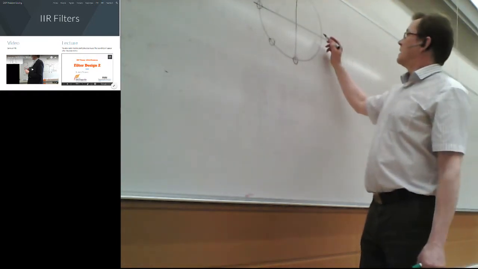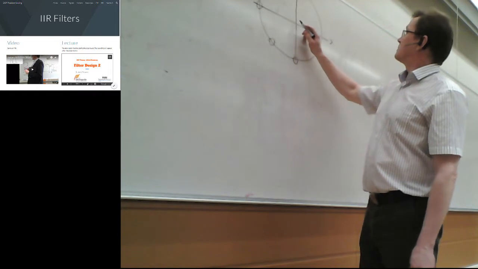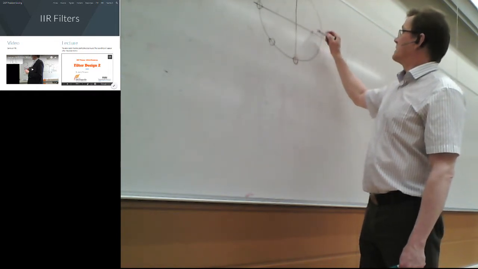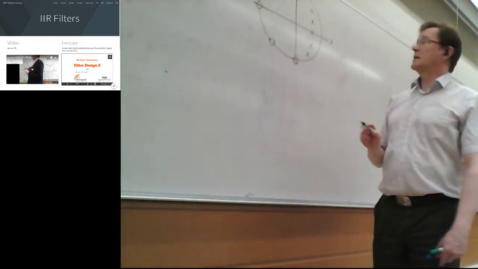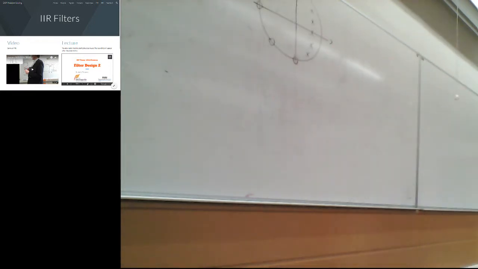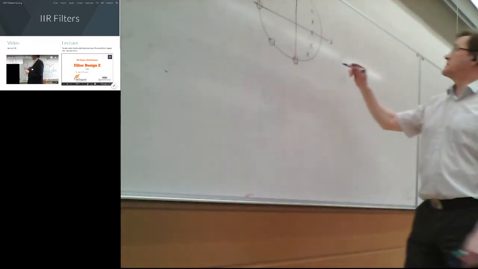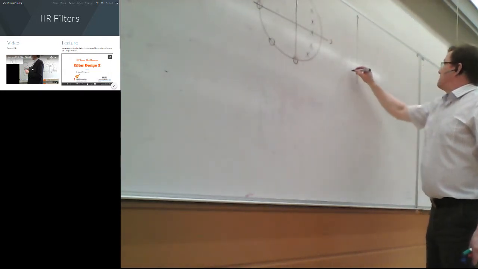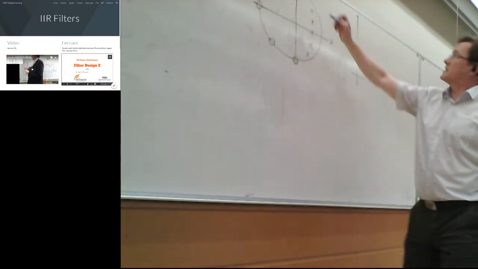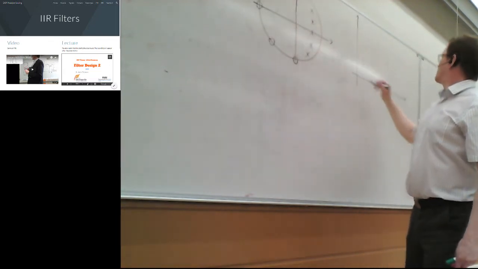But IIR filters would have these pole locations basically in the passband, inside of the unit circle, and on the passband. Think of the system without these first.